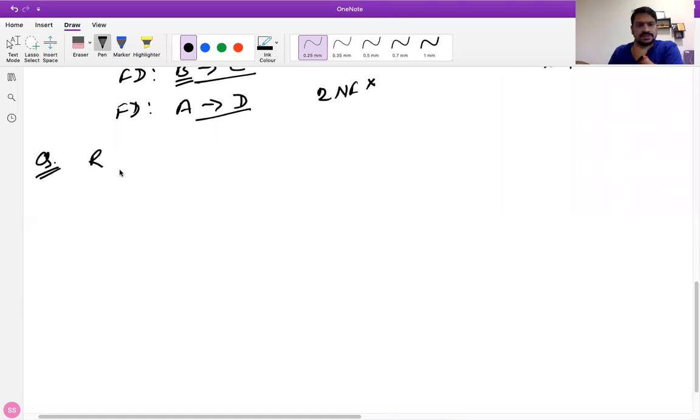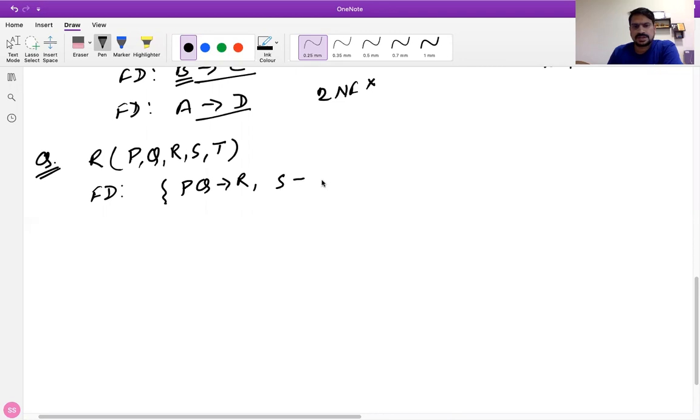We have a relation where we have P, Q, R, S, and T. So we have 5 attributes here. The functional dependencies are PQ determines R, and S determines T. We have to solve up to second normal form.